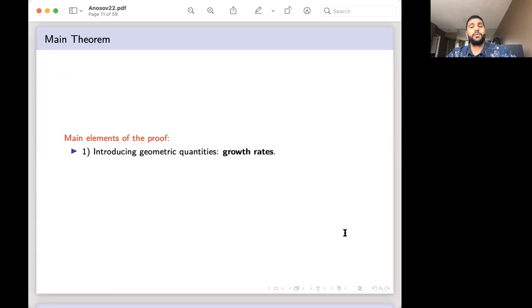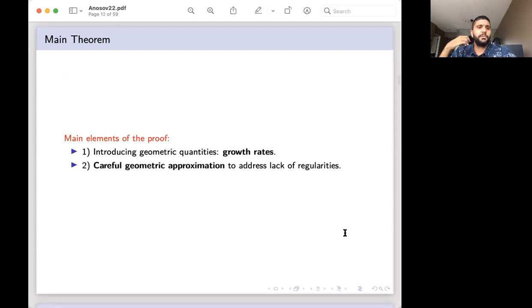However, in order to make things work, I will need some careful geometric approximations to address the lack of regularity in the setting. Remember that even when the flow is C infinity, the splitting and the stable and unstable foliations are in general just C0.